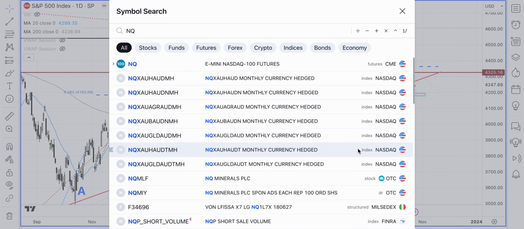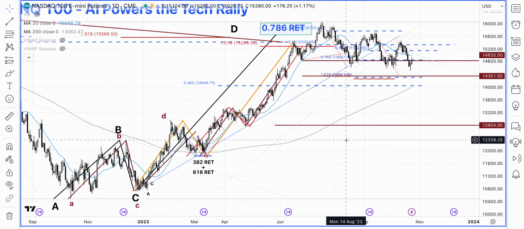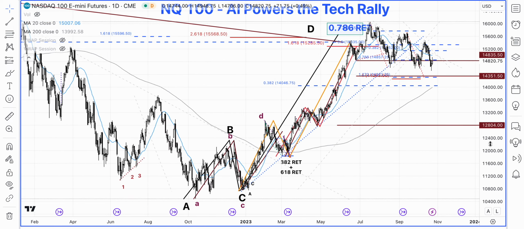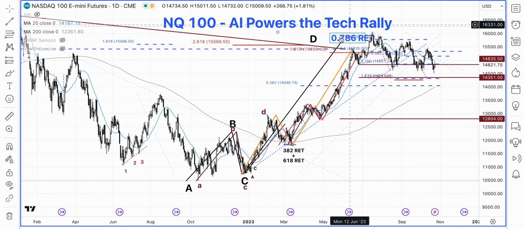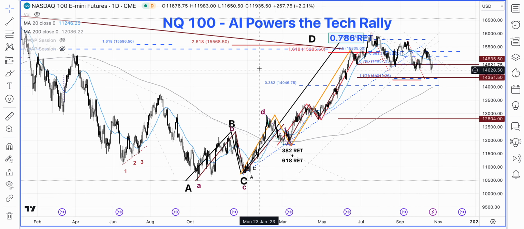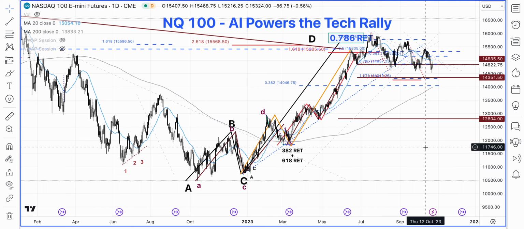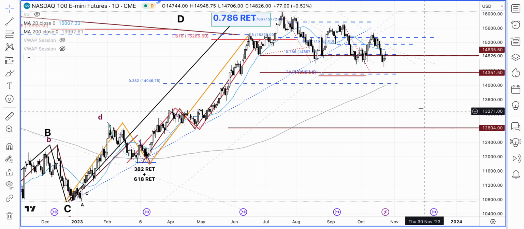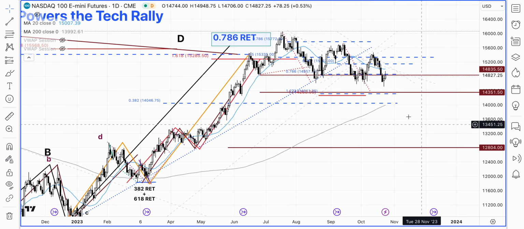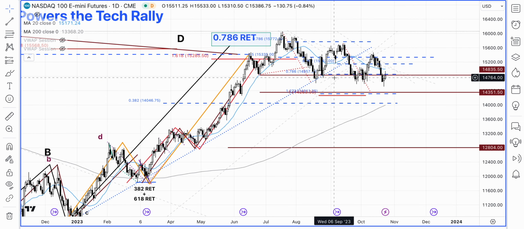Let's take a look at the NQs. This is the Nasdaq 100. Here the pattern formation again in black, an extended ABCD formation, close to the 78.6% Fibonacci retracement. It was a pretty strong resistance level, and over the course of the last few months the market has gone nowhere but sideways and rotating lower.